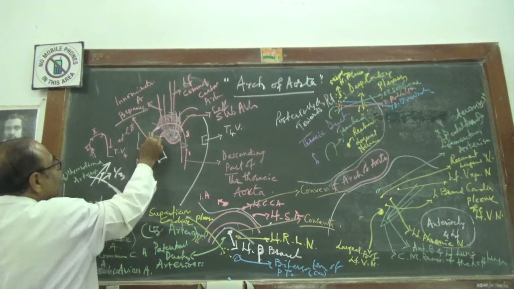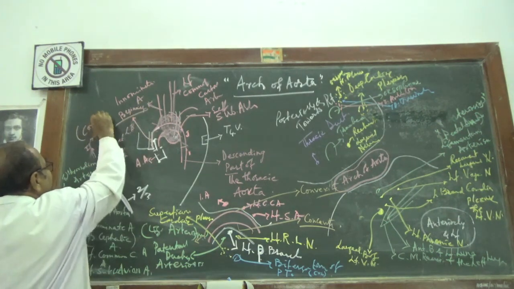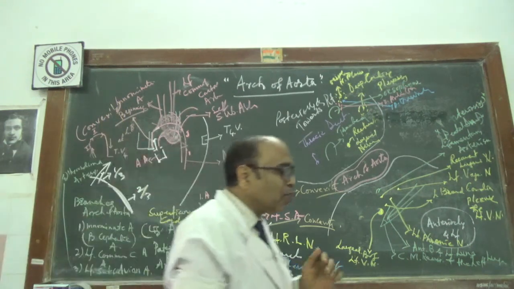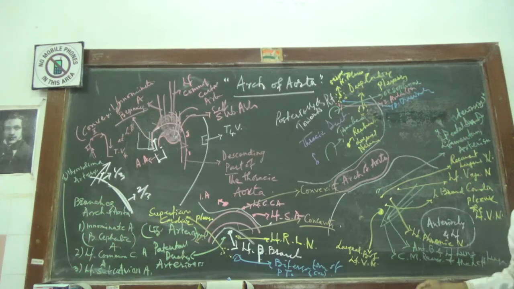So there are two convexities for the arch of aorta. One is at the beginning from the ascending aorta, and after running a little distance you get one more convexity at the upper part where the branches arise.